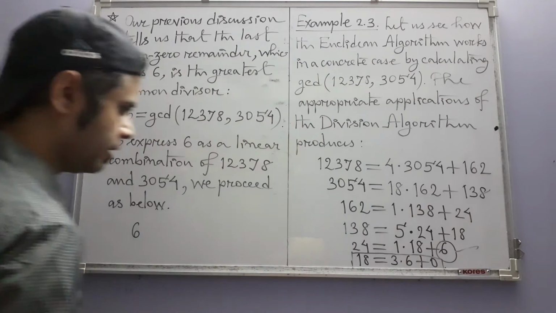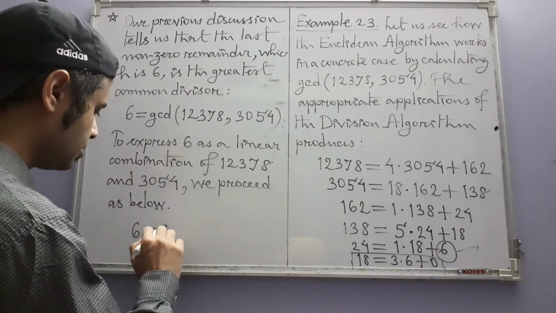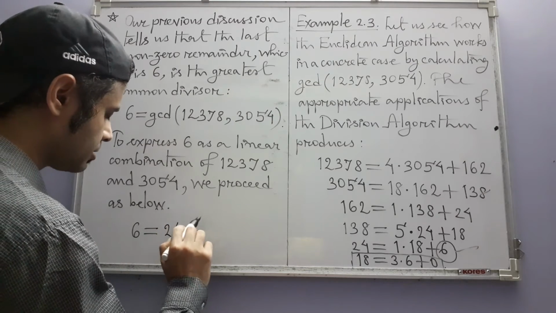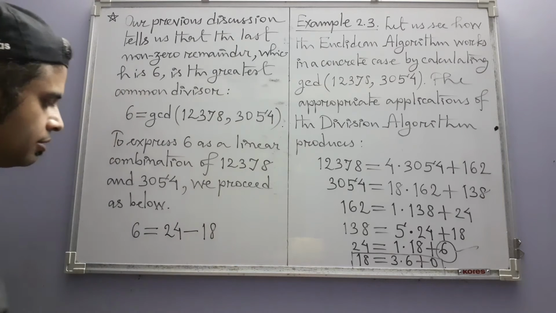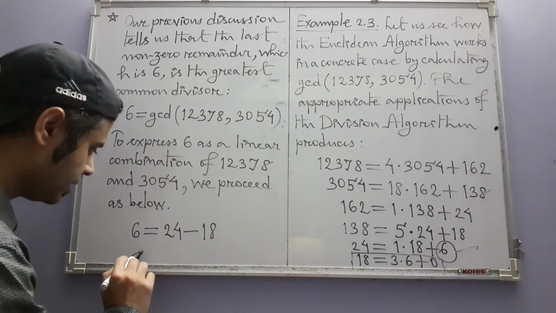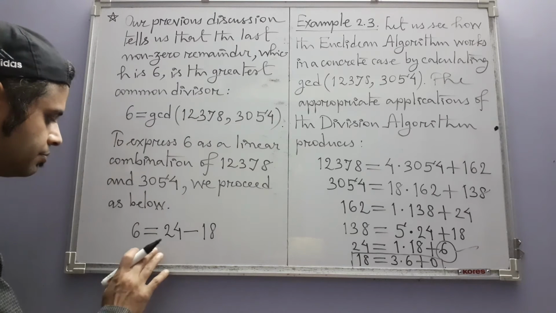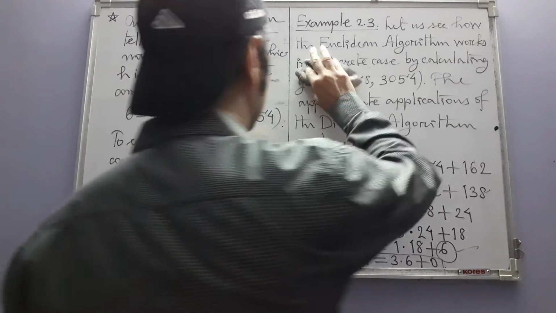We start from here. So first we write 6 as 24 minus 18. There's no point writing 1 times 18, so we simply write 18. Okay. In the very next step, what you do, which I think it's better to write there.